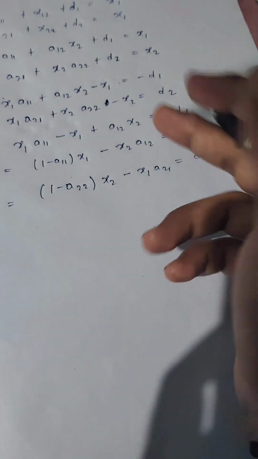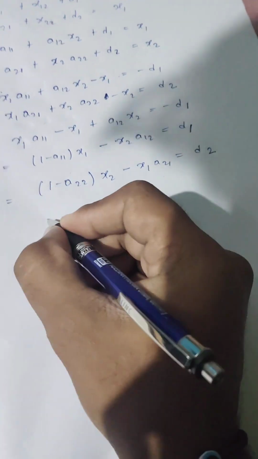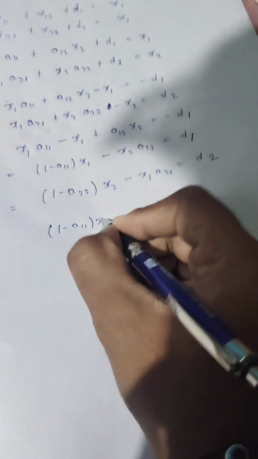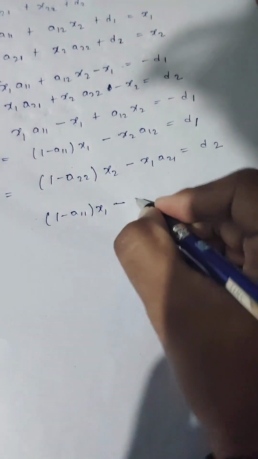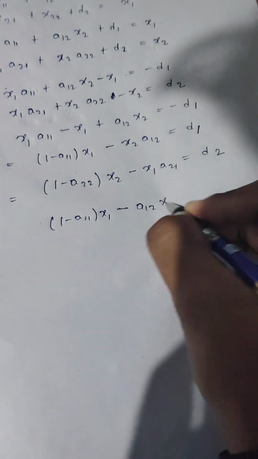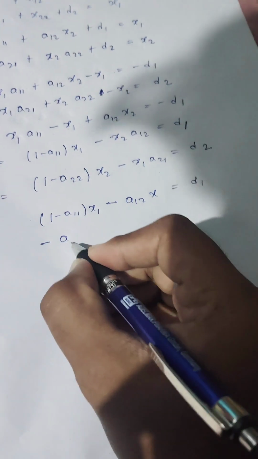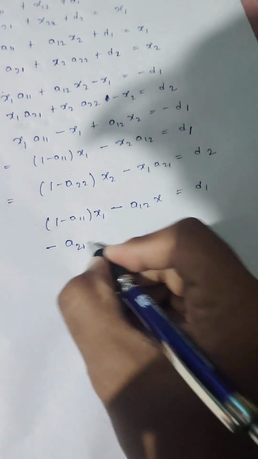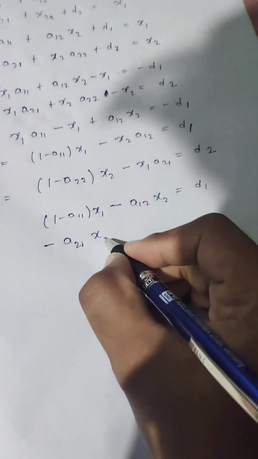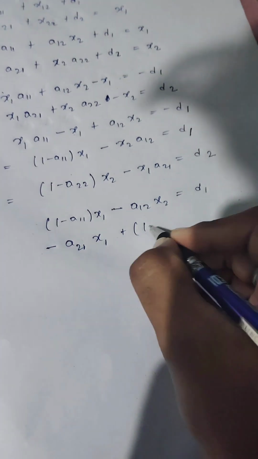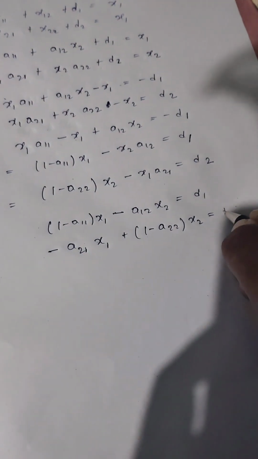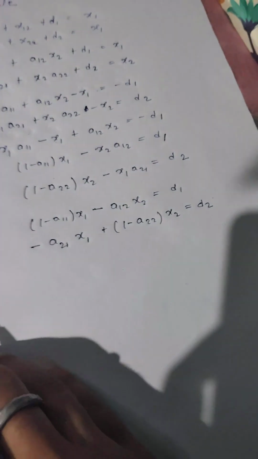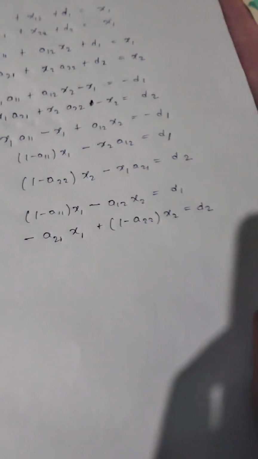We will rearrange the terms in X1 and X2. So we get 1 minus A11 X1 minus A12 X2 is equal to D1, and minus A21 X1 plus 1 minus A22 X2 equal to D2. These two equations we get.